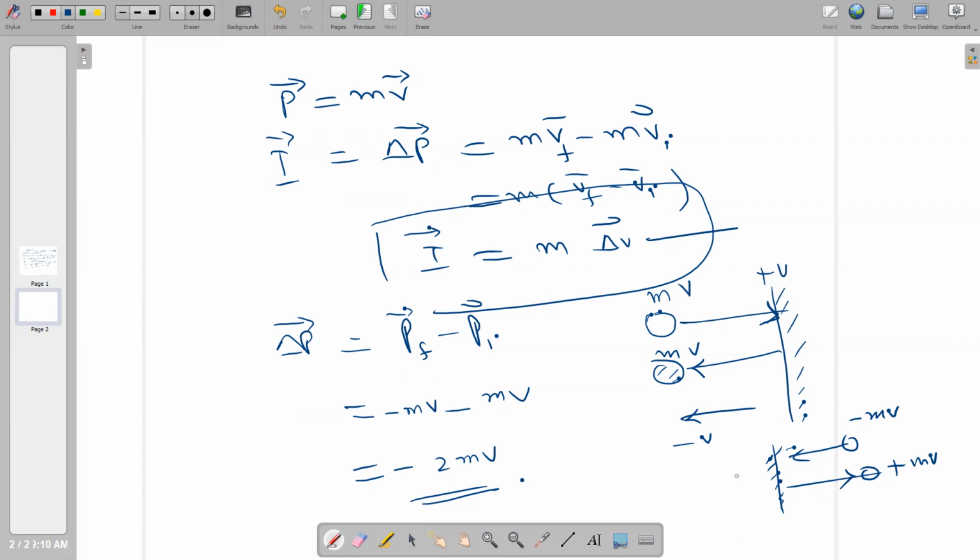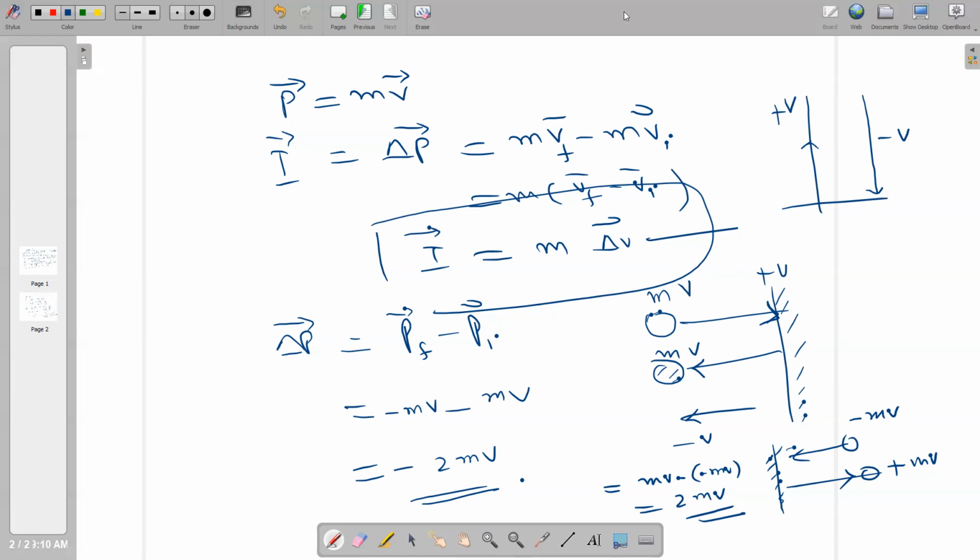So the change in momentum will be mv minus of minus mv, and this is equal to 2mv. You should remember this one. Similarly, if the ball is falling down, we take minus. If the ball is going up, we take plus v upward and minus v downward. The same notation we will use like this.